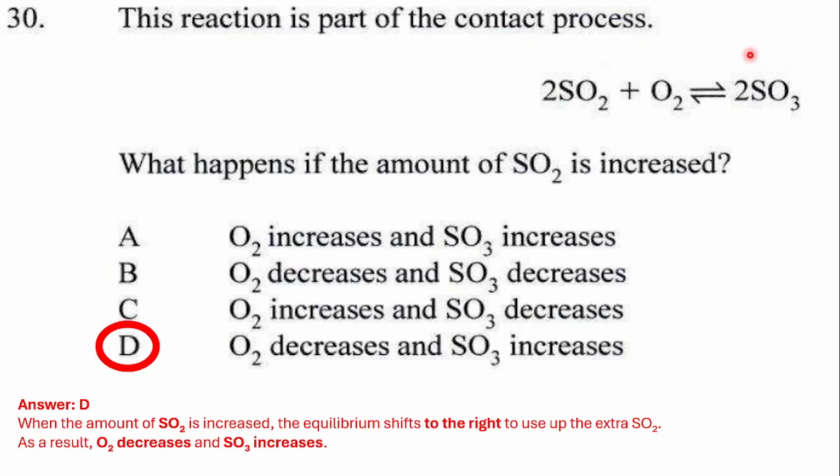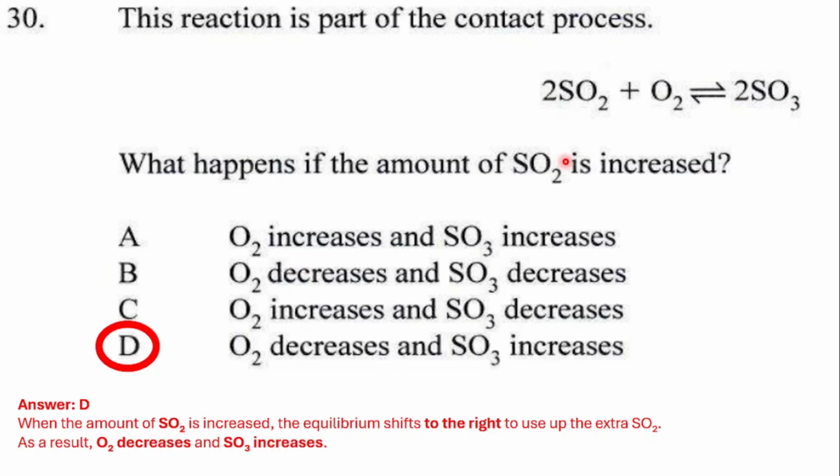And so since it shifts to the right, that means we can have oxygen being decreased because it is going to be used up, right? So let's read it. When the amount of SO2 is increased, the equilibrium shifts to the right to use up the extra SO2. As a result, O2 decreases and SO3 increases.